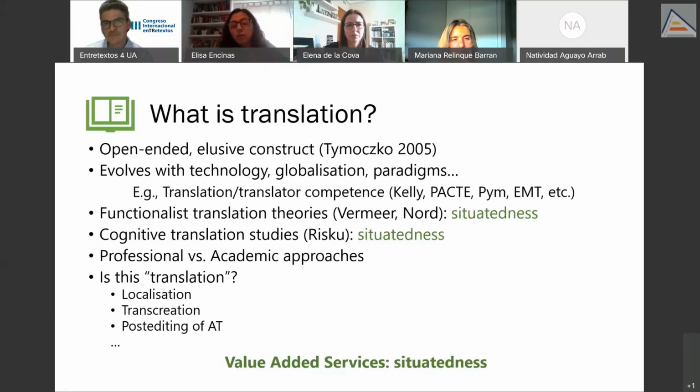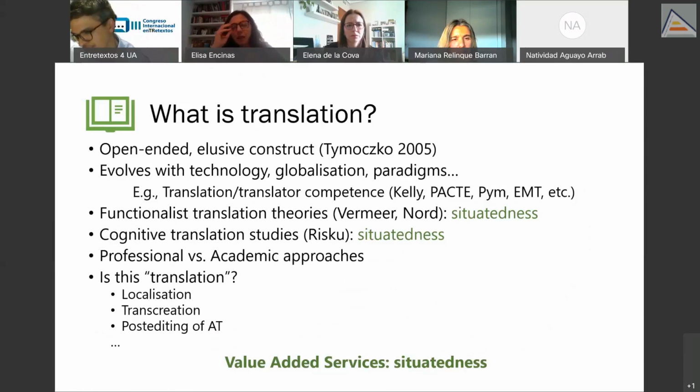We as translation scholars don't really know. As I said, everyone has their own opinion. I like this definition by Tymoczko: translation is an open-ended and elusive construct. Yes, it is. Everyone sees it differently. So translation evolves with technology, globalization, and different paradigms.